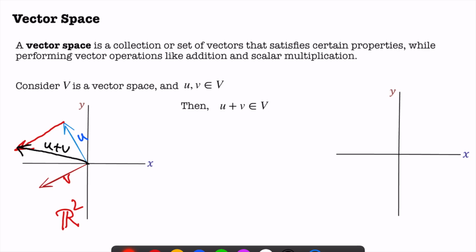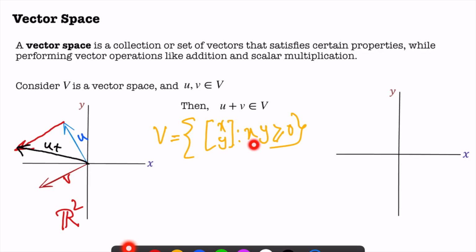But let's say one more set of vectors where x, y greater than or equal to 0. Now if x multiplied by y is greater than or equal to 0, that means x and y both should be positive.